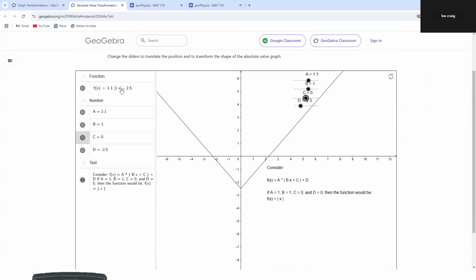There's nothing after the x. So here it's straight up absolute value of x. It is shifted down. We can fix that real quick. But by simply dragging C, here I have a positive 2.1, and you can see that it shifted 2.1 spaces to the left right there. If it's plus, it goes left.